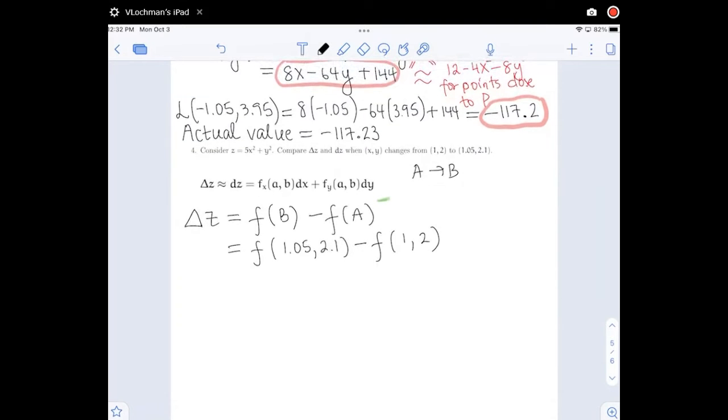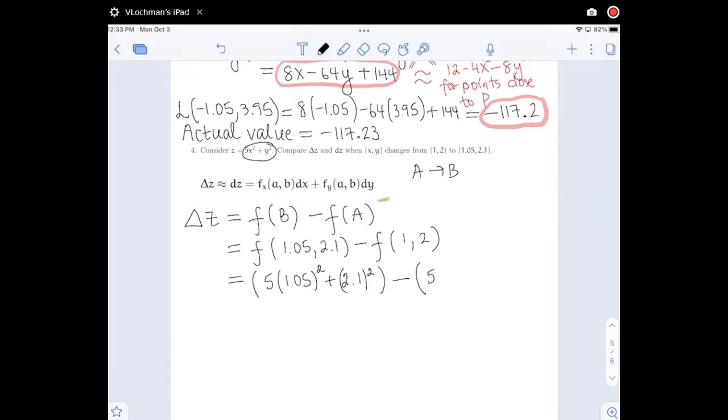Now I'm looking at my function. This is my function right here, so we can evaluate this. This is 5 times 1.05 squared plus 2.1 squared, minus, and then the same, I'm going to plug in 1 and 2.